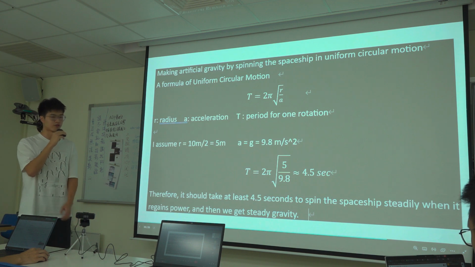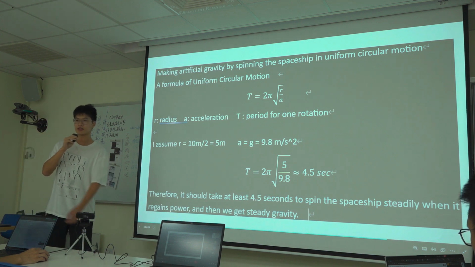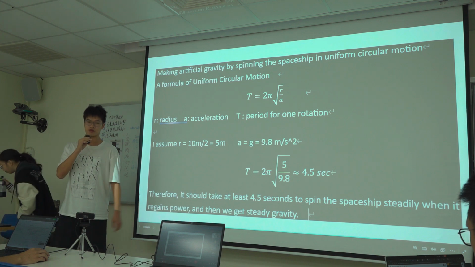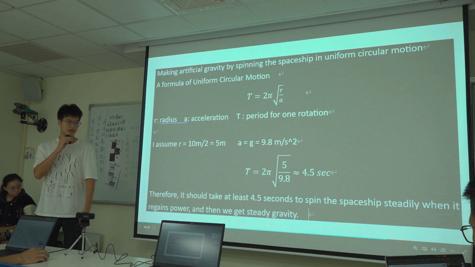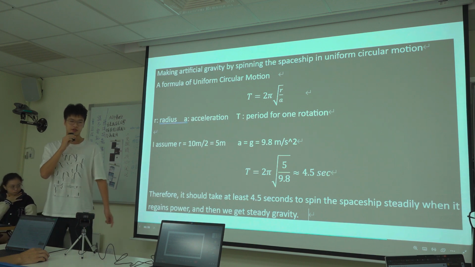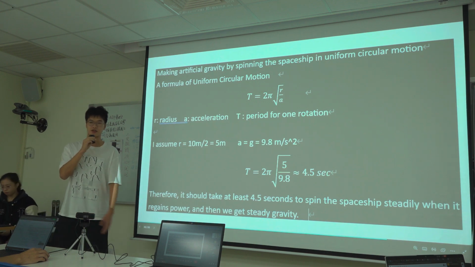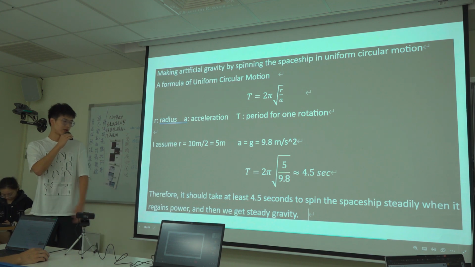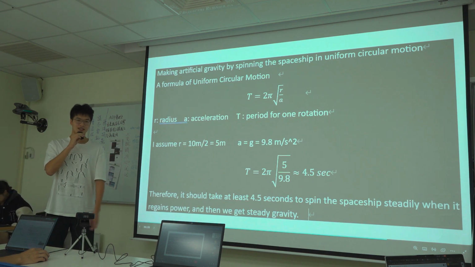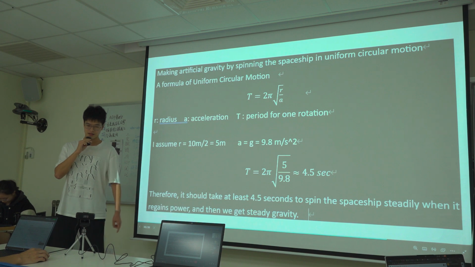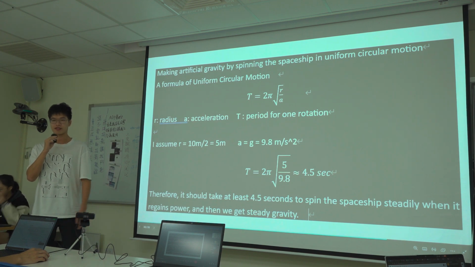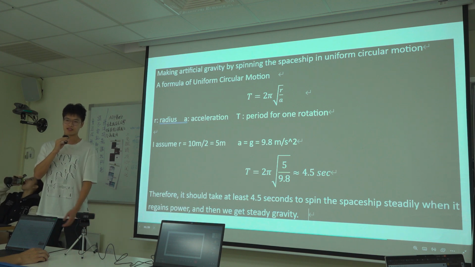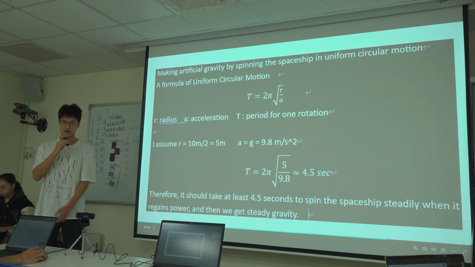We get T equals 4.5 seconds. That means the period is 4.5 seconds. So if we want to get steady, uniform circular motion, we have to wait at least 4.5 seconds for the spaceship to spin, and then we get steady gravity.